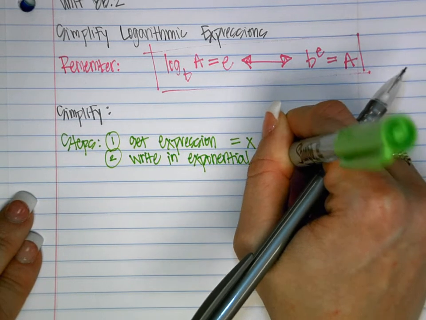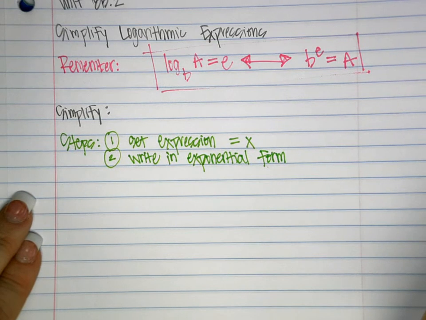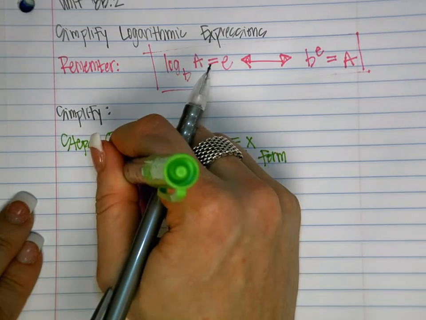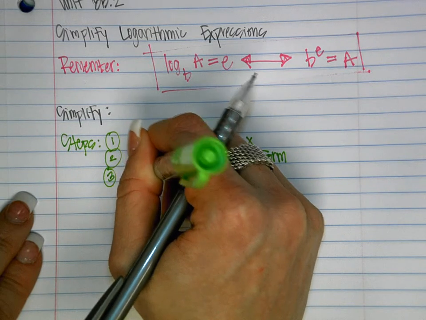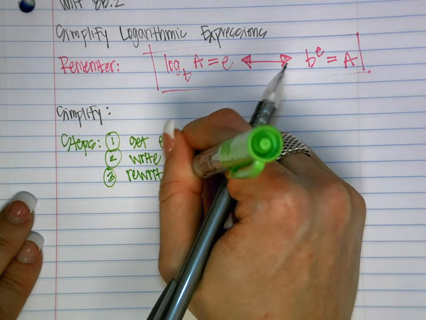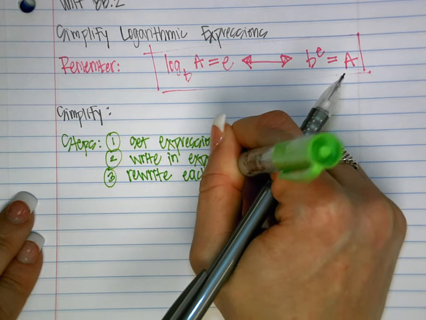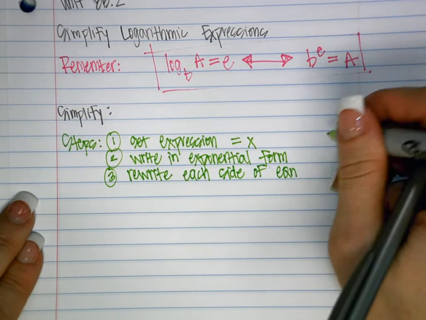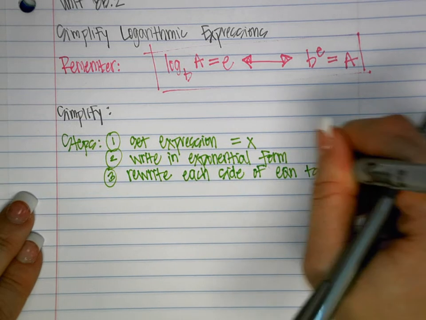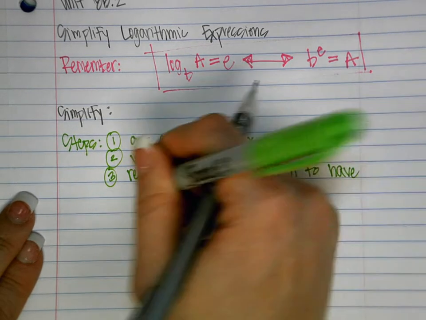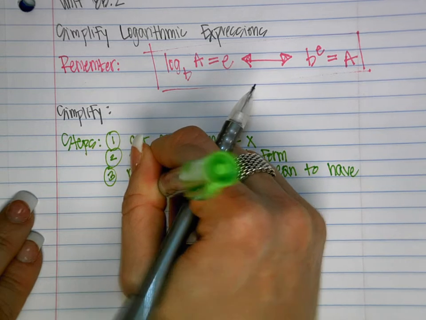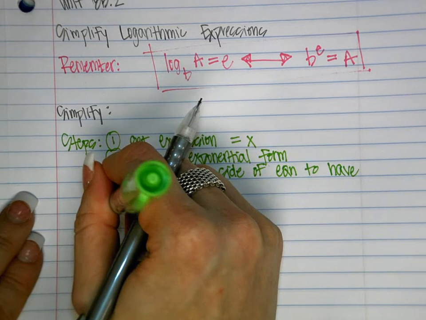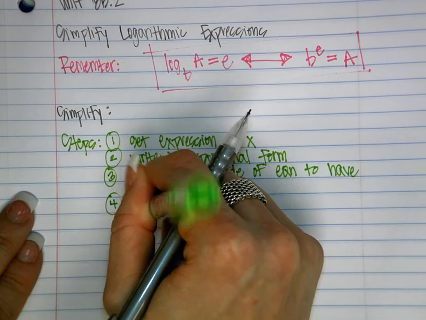Step 3 is to rewrite each side of the equation to have the same base. Step 4 is drop the bases.